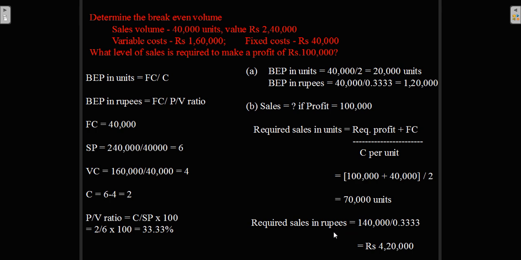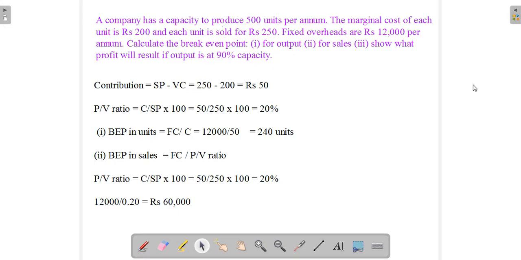If you want the same in rupees, 1,40,000, that is required profit plus fixed cost, divided by PV ratio, 33.33%, rupees 4,20,000. Let's see another sum.